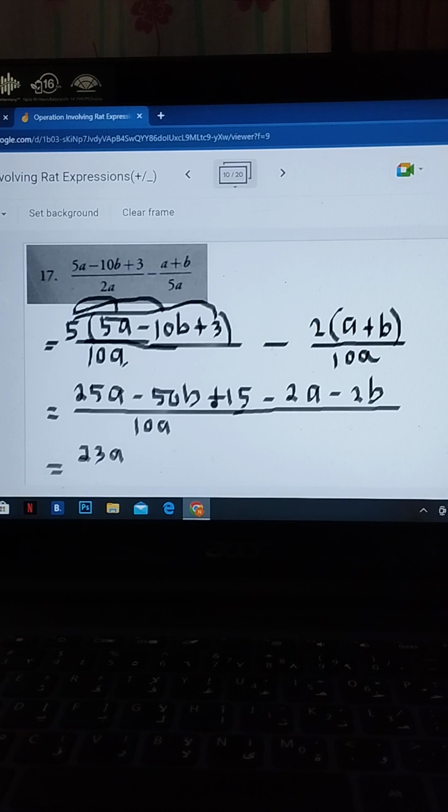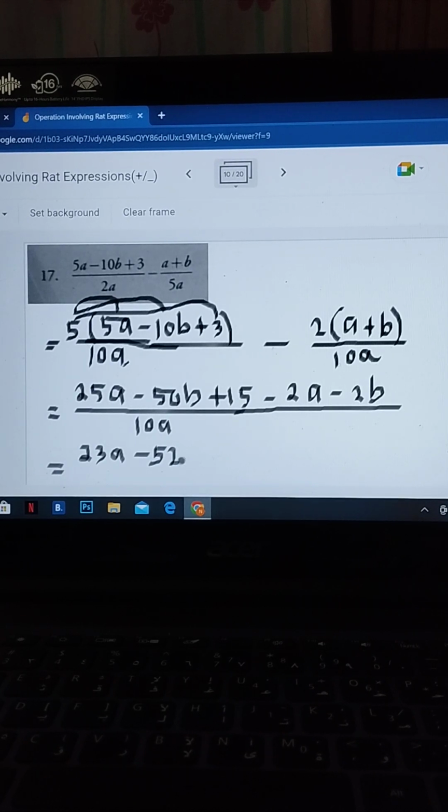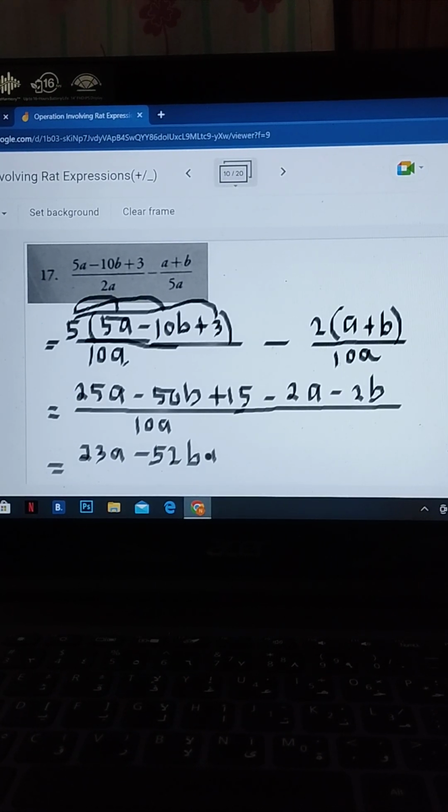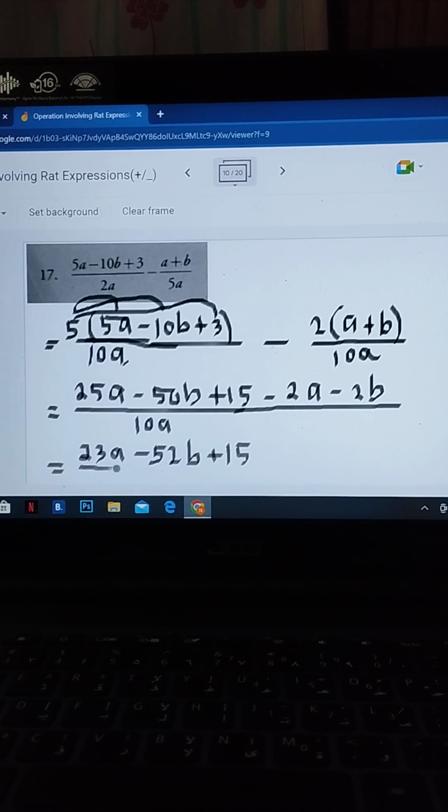Then negative 50b plus negative 2b is negative 52b. Then plus 15 over the same denominator, 10a. So this is now our final answer.